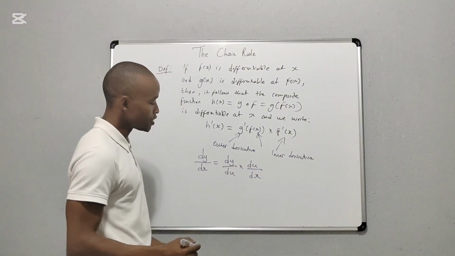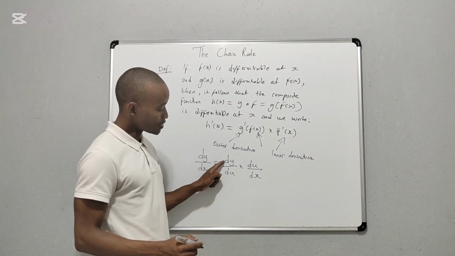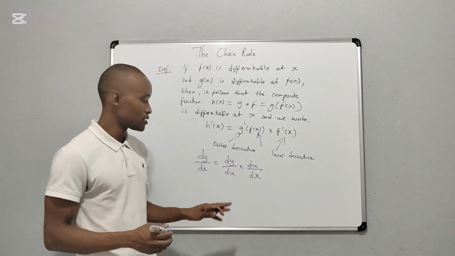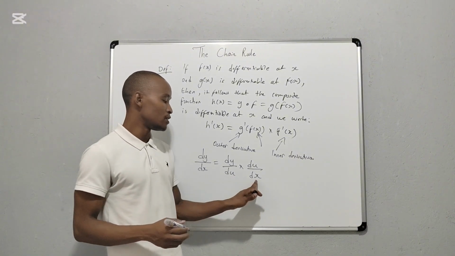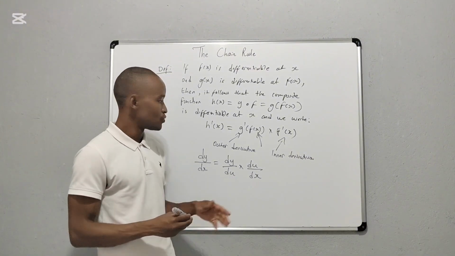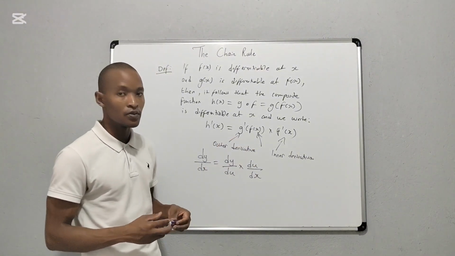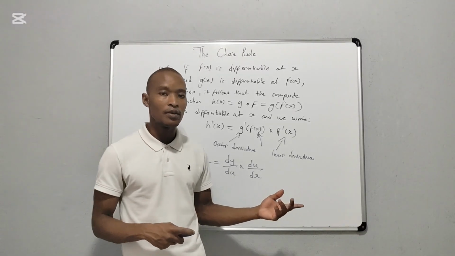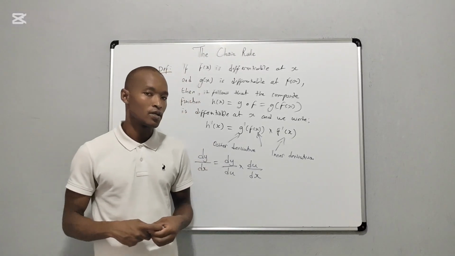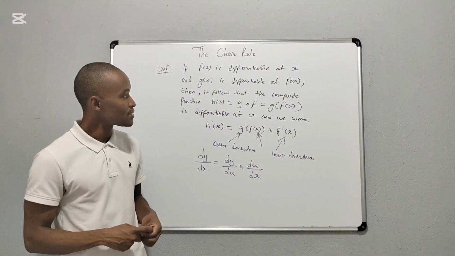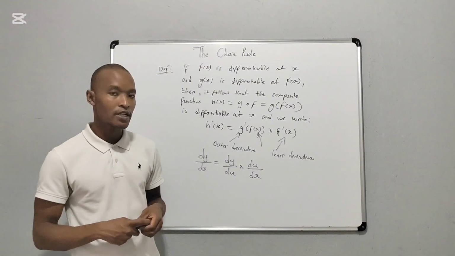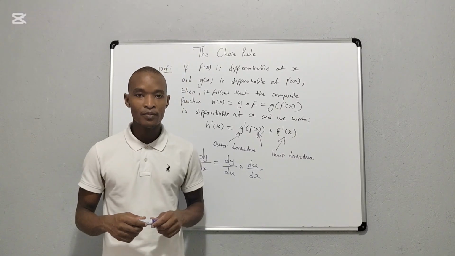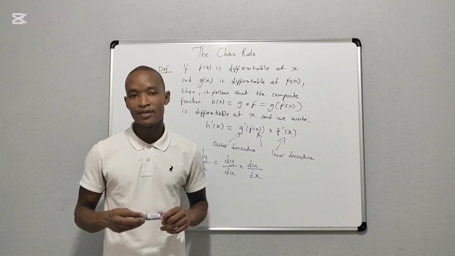So in other words, you write your function y in terms of u and u in terms of x, and you differentiate them individually, and the product of that will be equivalent to this. So we'll do some examples on this as well to see how the Leibniz notation works. All right, so this takes care of the introduction to the chain rule. So we are now going to move on to some examples to just interact with this rule.